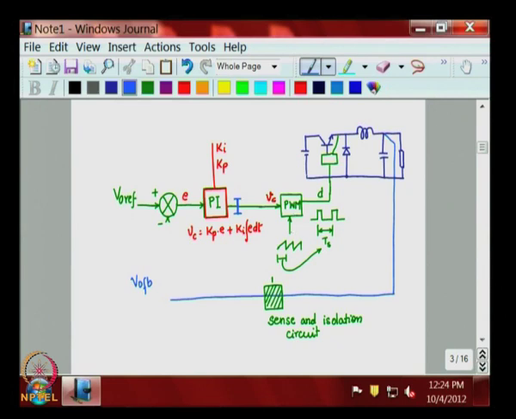Remember that this is a pulse width modulation system where the triangle has a limited voltage, limited lower point and a limited upper point, and your Vc swing must fall within that limit. So, therefore, it is very essential that you limit the output of the PI controller to stay within the limits of the triangular carrier.